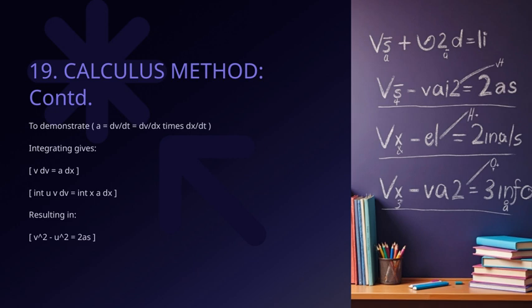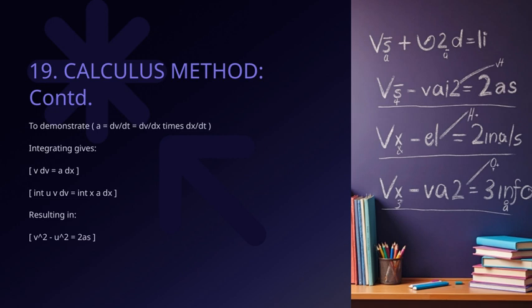Next, when we integrate both sides, we essentially sum up these small changes over a period, giving us the relationship between velocity and position. And here's an important point. To demonstrate the connection between acceleration and velocity, we use the fact that a equals dv/dt. But we can also express this as dv/dx times dx/dt.